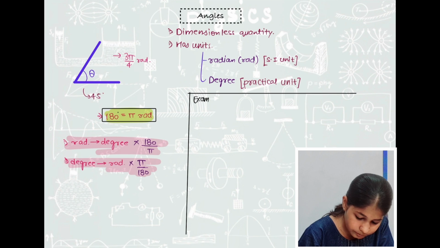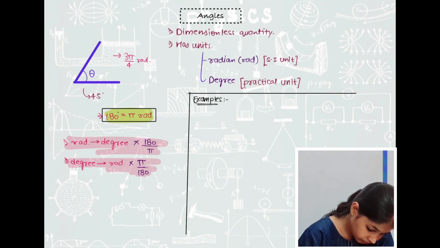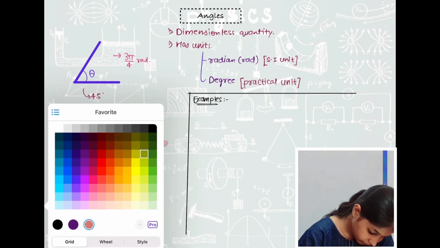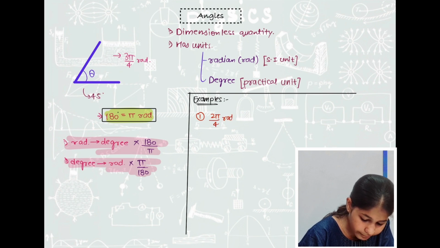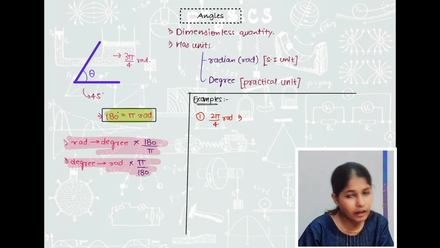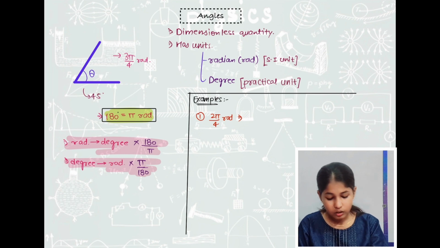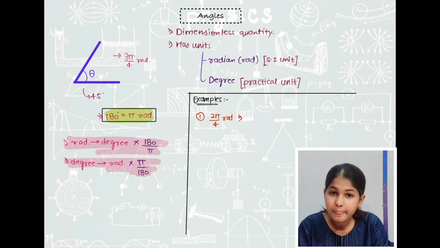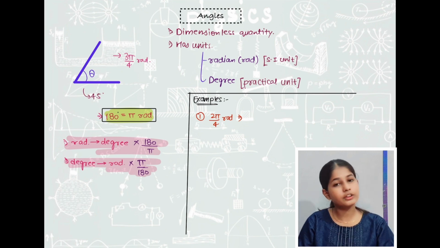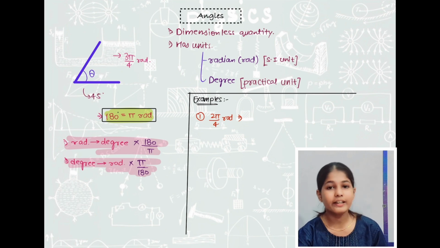Examples. Our first example is 2 pi upon 4 radian, and we have to convert it into degree. So what you will do, simply answer me. I'm waiting, and you can just stop the video now and write in the comment section what the answer will be.